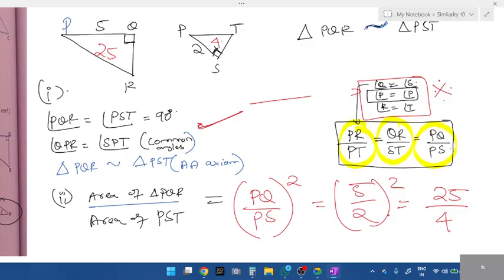As soon as you see a similarity question, make sure you use any one of the three axioms. Once you complete that, second part, go with angles. Look at the angles and write the sides, the yellow ones. Then check which value is given in the yellow ones. Take that and square it. Only 3 steps in this.